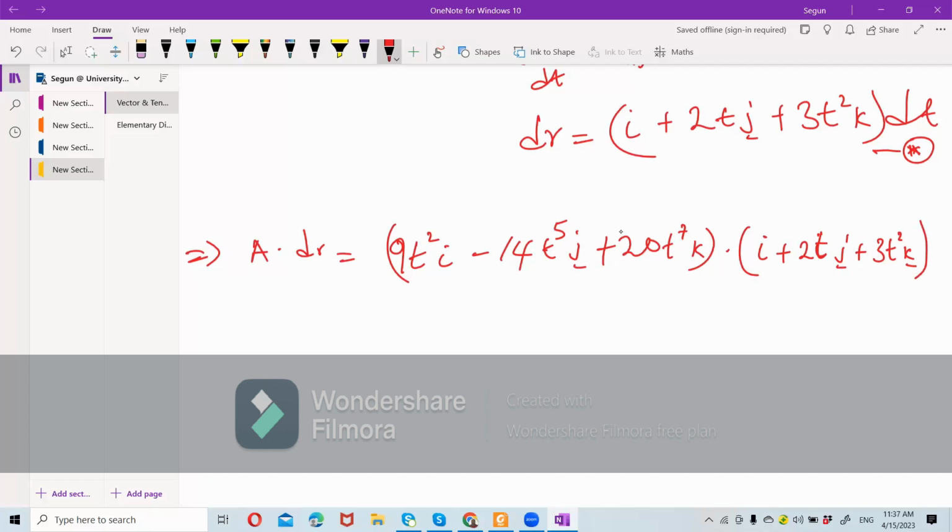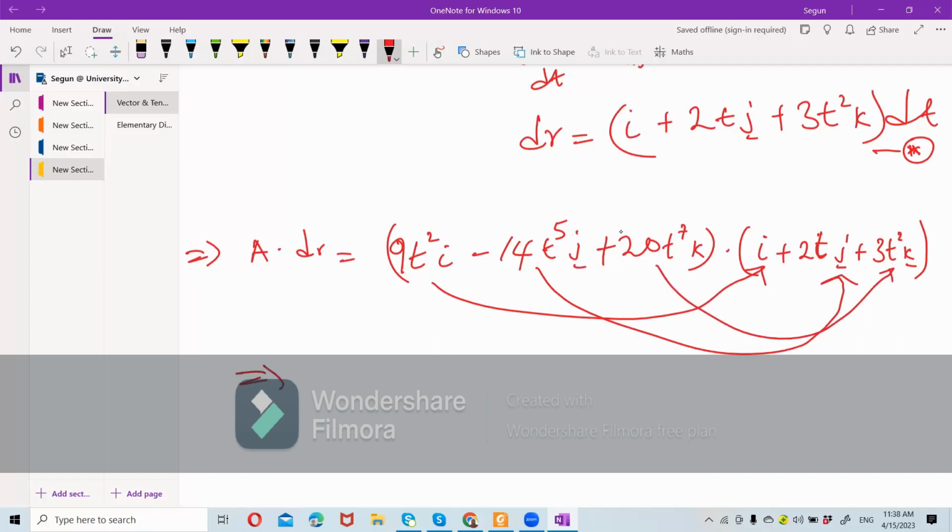So I will do i dot i, j dot j, then k dot k. So i dot i, we have 9t squared. Have you seen where you have 28 now? Minus 14t raised to the power 5 times 2t will now be minus 28t raised to the power 6.